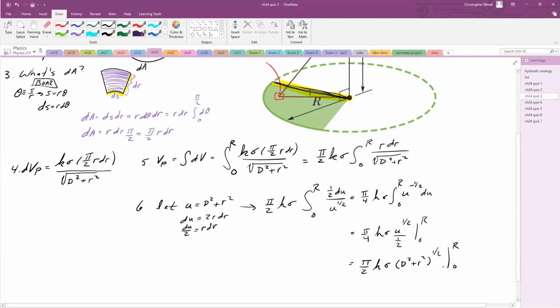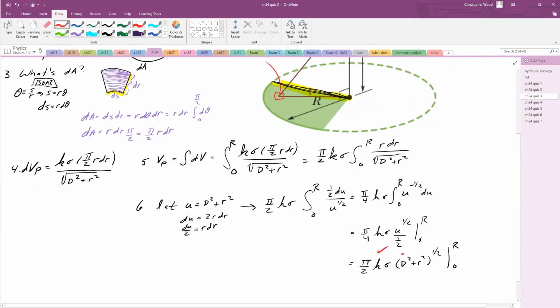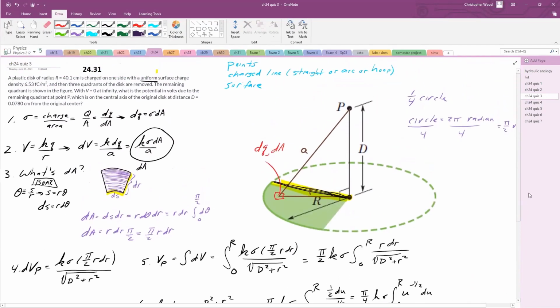All right. So if there are no mistakes in this fine print, let's see what we know. We're ready to plug in numbers. I know the value of k. Sigma is given to me, 6.53 femtocoulombs per meter squared. I know k. I know sigma. Do I know big D?